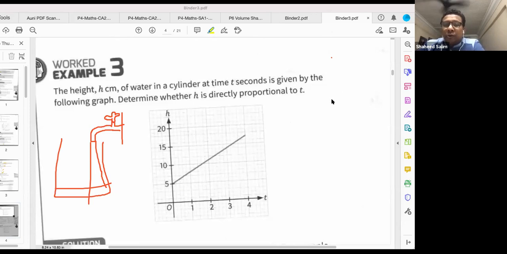Your formula, can you substitute in? Because you can find the value. Let's say when t is 0, h is 5. When t is 1, h is, let's say, 8. When t is 2, h is 11. So you try putting in, does it work or not? If it doesn't work, that means it is not directly proportional.